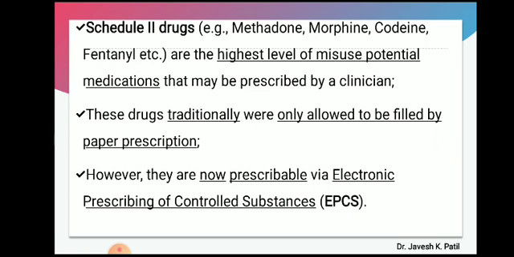Schedule 2 drugs, popular examples, there are many, like morphine, codeine, methadone, and the synthetic derivative fentanyl, we know fentanyl sodium. These are some popular examples of schedule 2 substances or drugs, which are said to have a high level of misuse potential, and hence they need to be prescribed by a clinician.